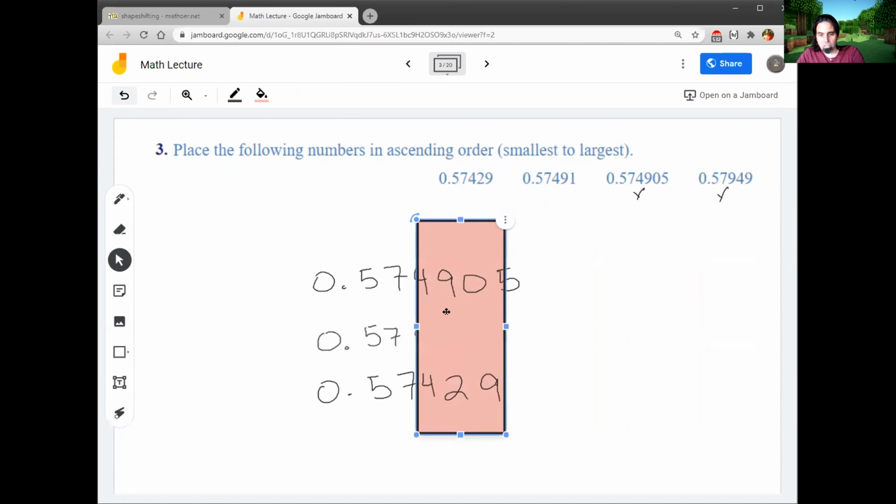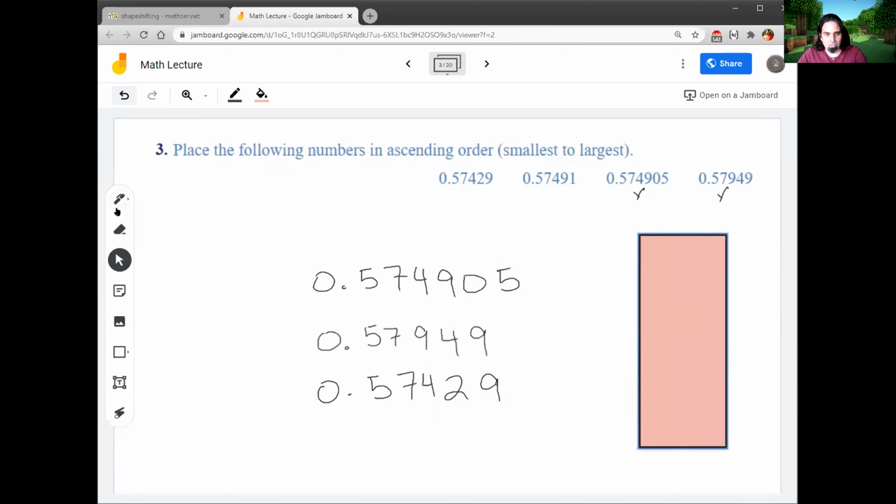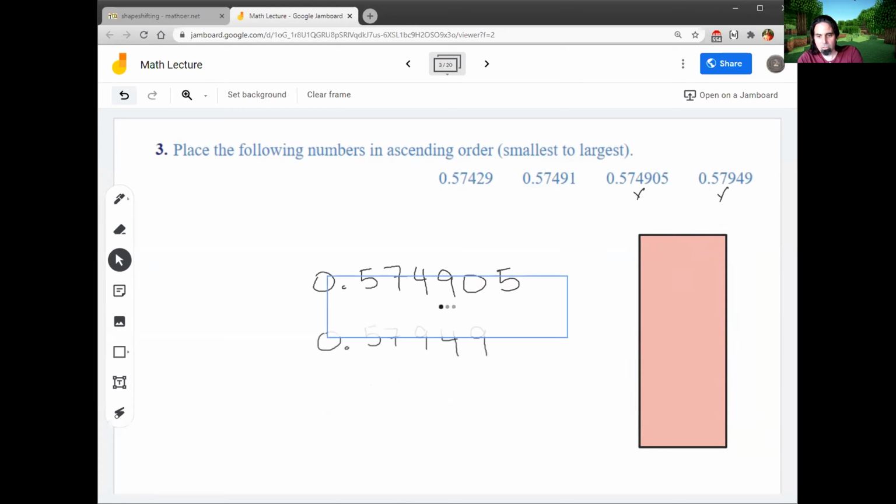So when I take my box, the 5s are all the same, the 7s are all the same. Oh, no, that's a 9, so that's bigger. So that means that I should take this one and erase it. And it has to go above the one that is 5, 7, 9.